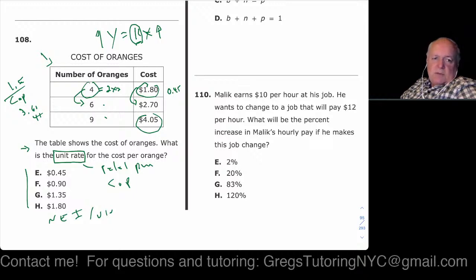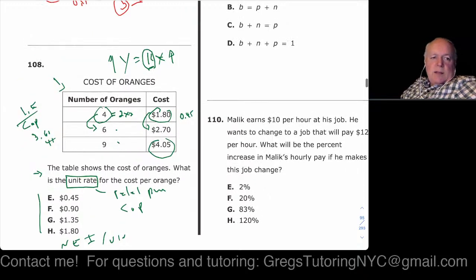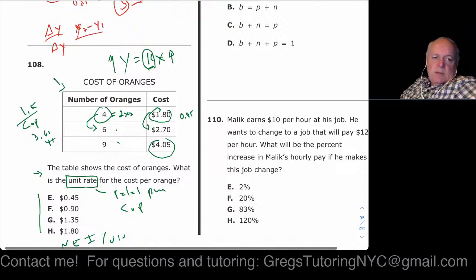So let's prove this a different way. If the slope is going to involve doing something like the change in y over the change in x, which means subtracting the two y's, y2 minus y1 over, respectively, x2 minus x1, we can do that here.